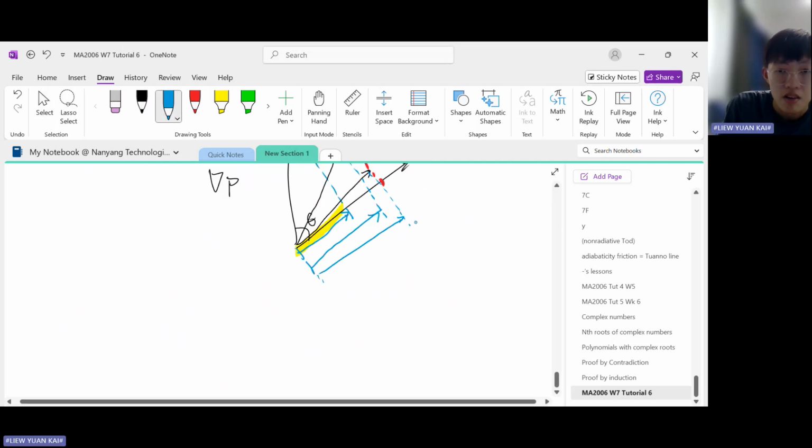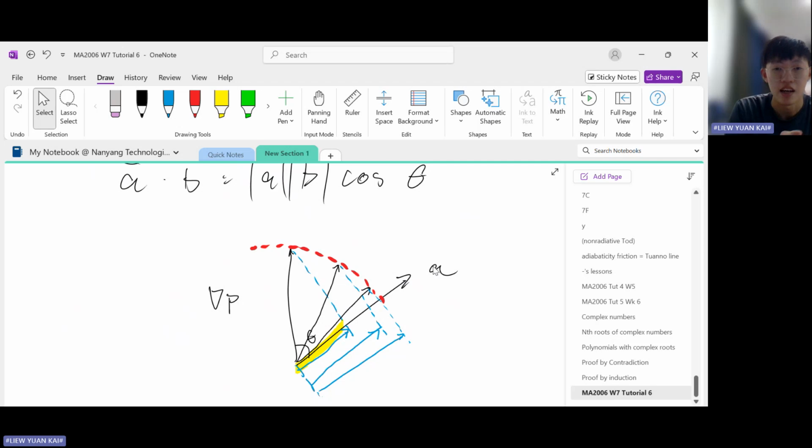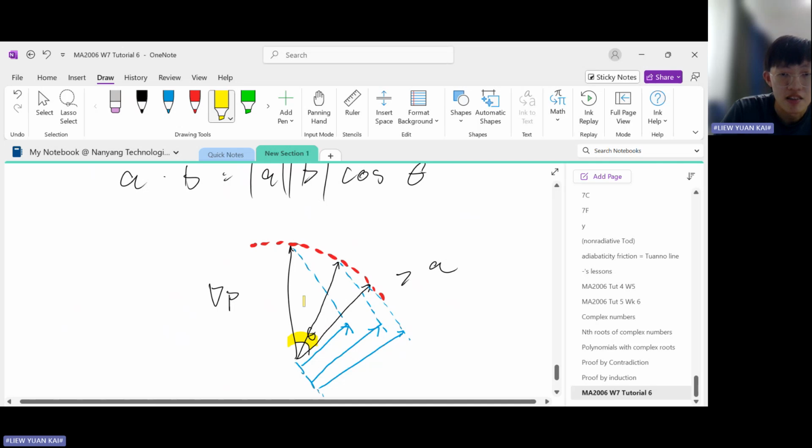So what am I doing? We have nabla P and A separated by an angle theta. As I decrease theta, do you notice that the projection gets longer and longer? At first, theta was this widest angle, and then the projection was this long.